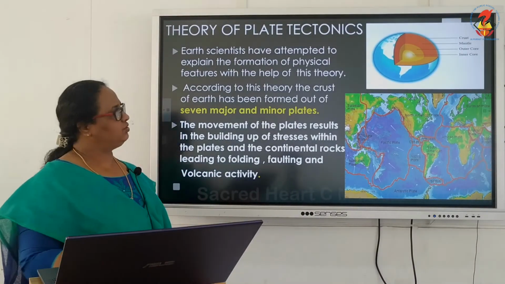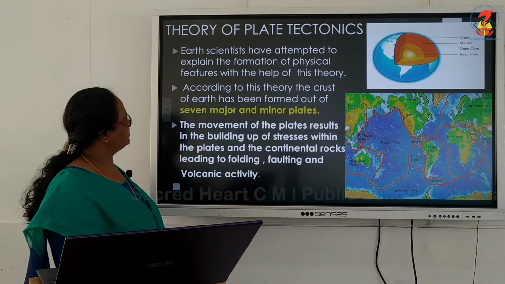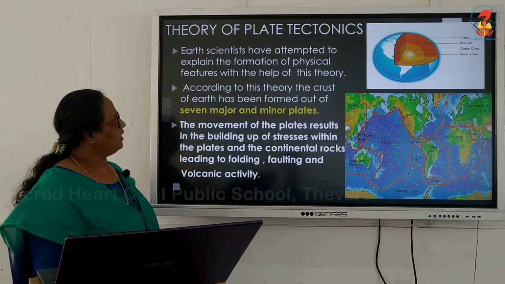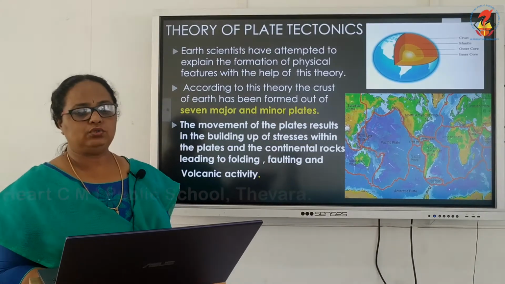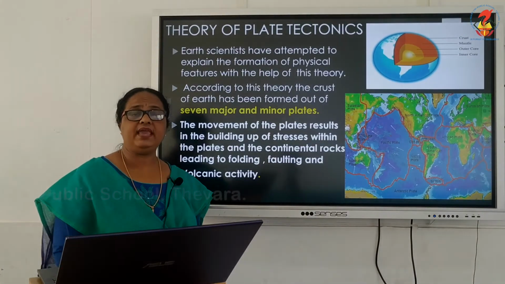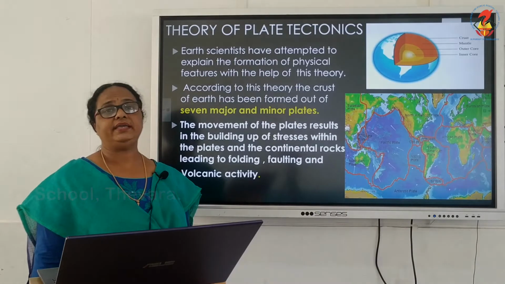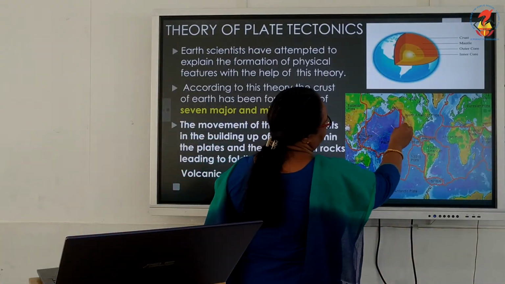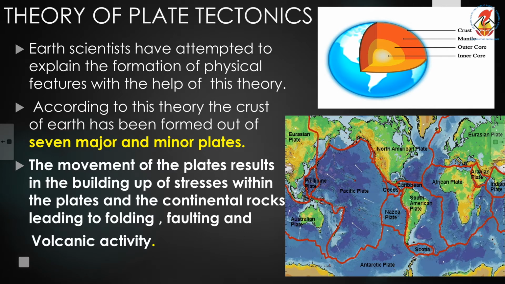Now, according to this theory of tectonics, we understand that the crust of Earth has been formed out of 7 major and minor plates. You can see these red lines, these are the different plates where we have the 7 major and minor plates.